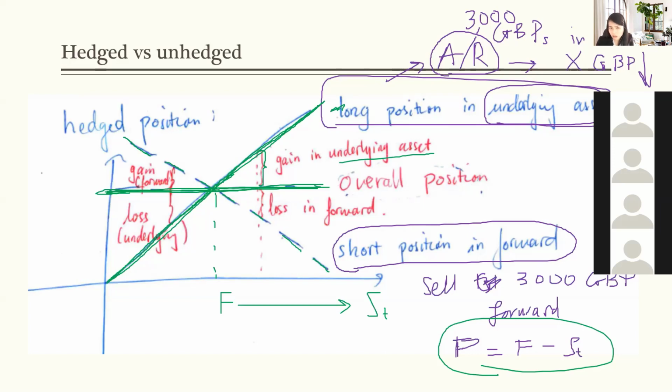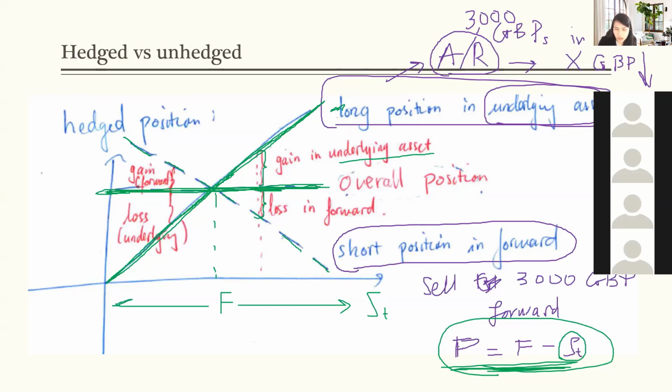But at the same time, that gain will be exactly offset by the loss that you make in your forward contract. Because these gains and losses perfectly offset each other, your position does not change.